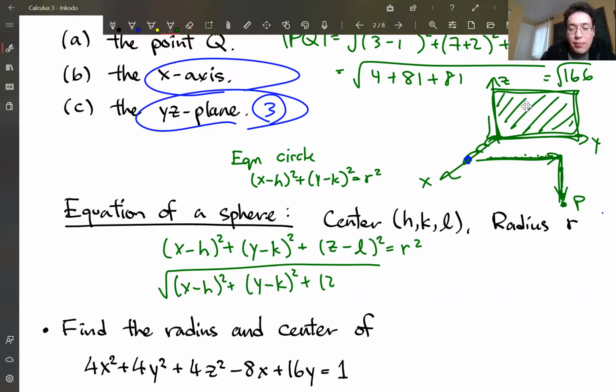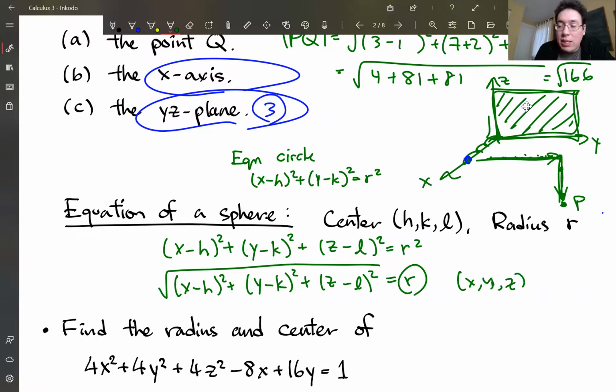And this formula makes sense because we're looking at all the points that are equidistant from the center of the sphere, radius r. So you fix the distance from the center and you look at all the points x, y, and z.